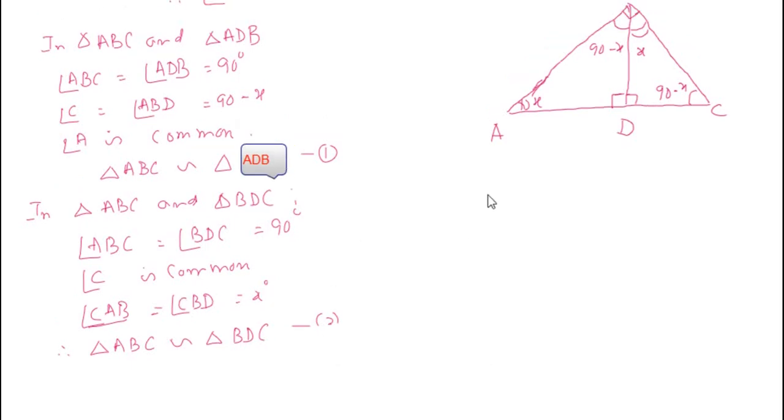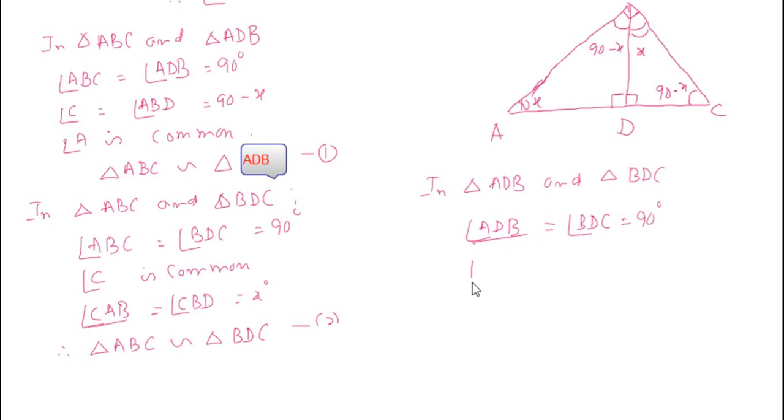Now let us consider triangle ADB and BDC. In triangle ADB and triangle BDC, we have angle ADB equal to angle BDC, that is 90 degree.